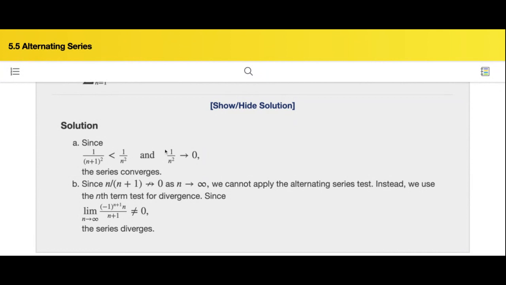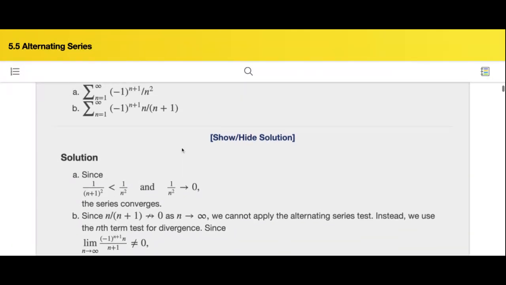And also the second condition is the limit of the nth term, 1 over n squared, as n approaches infinity, approaching 0. So two conditions satisfied, that is to say by the alternating series test, this series converges.